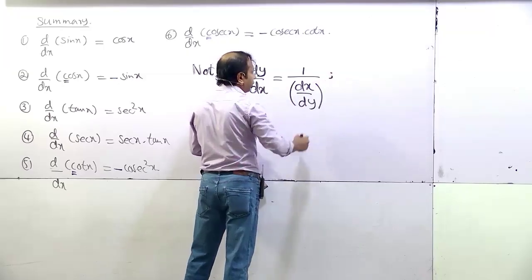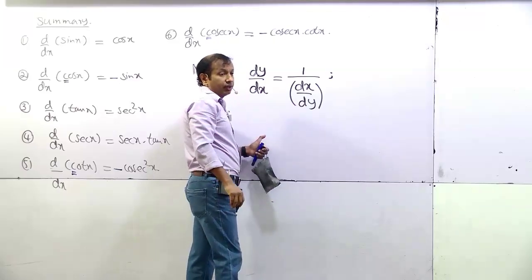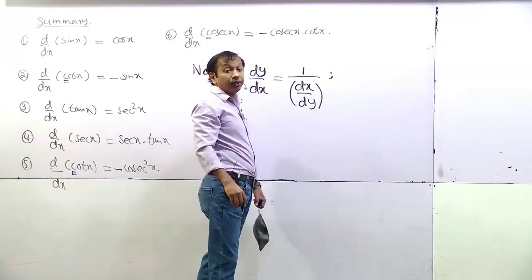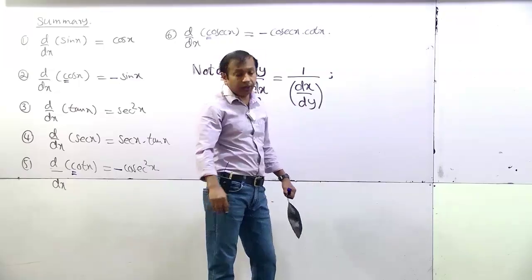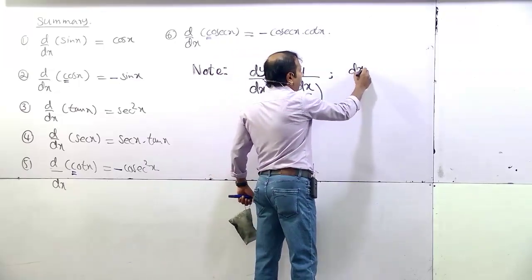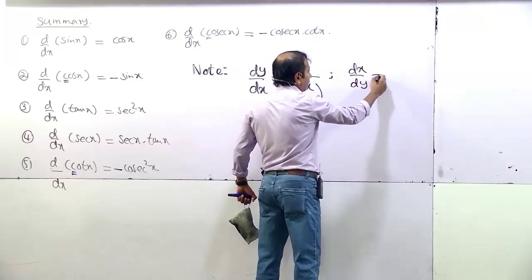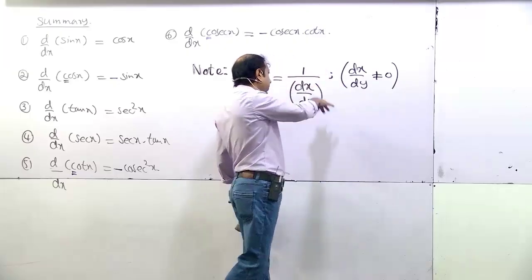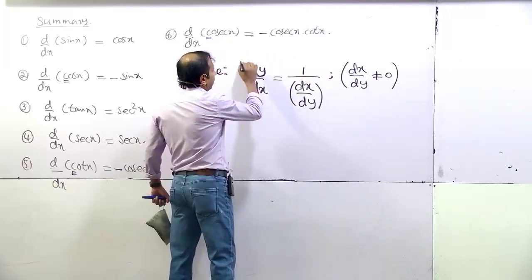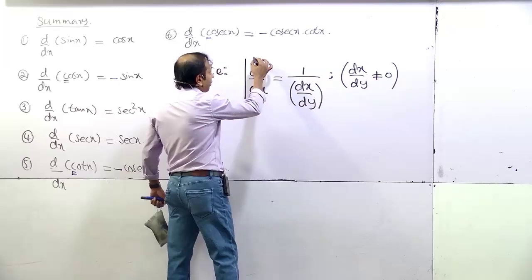Here, to give a meaningful answer, we write dx upon dy not equal to 0. Reason: if the denominator of a fraction is 0, that has no meaning. So dx upon dy not equal to 0, that we write here to give a meaningful expression, right? This is another important result in this differentiation.